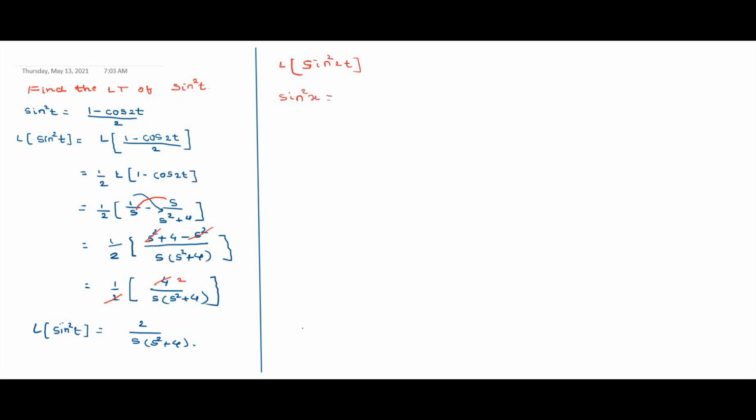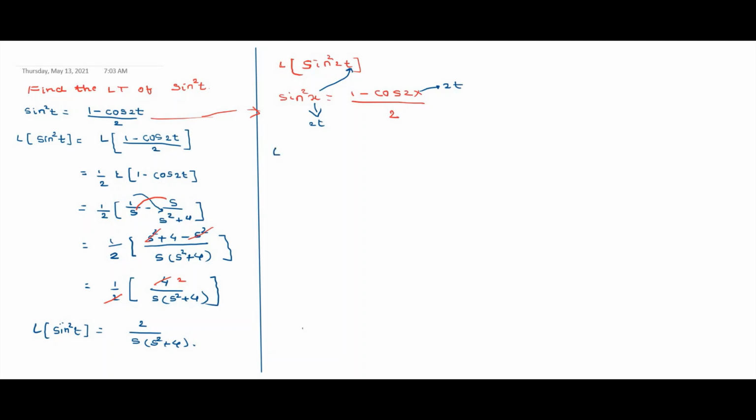Sine square x is equal to (1 minus cos 2x) divided by 2. But in place of x, we have 2t. So put x equal to 2t.